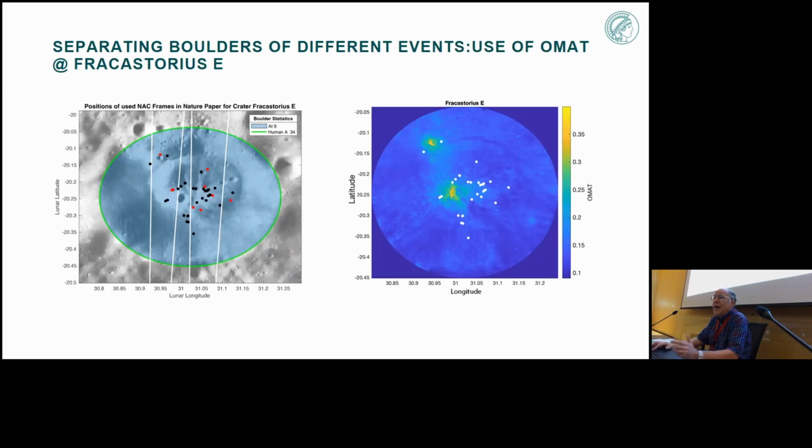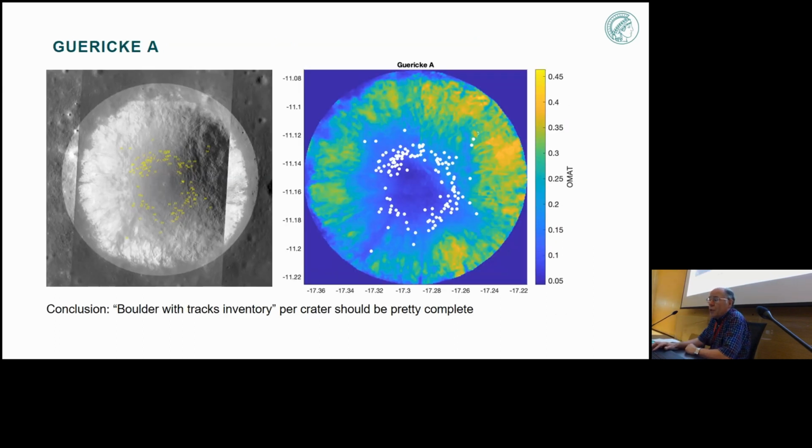And I just give you now an example for a non-symmetric crater. When you look directly on the OMAT map, it pops out that these boulders, which the artificial intelligence would count, you would realize that there are new craters in the crater itself, which are destroying your statistic. Here an image.